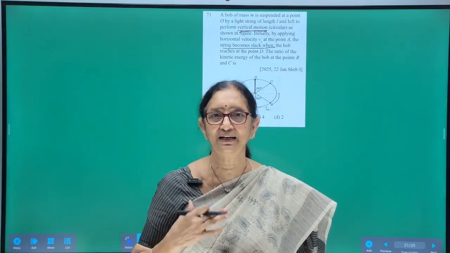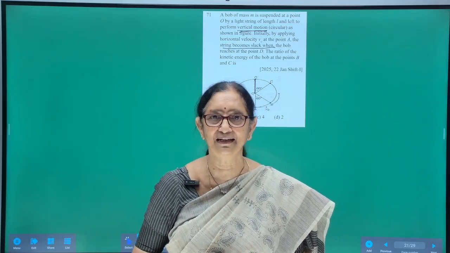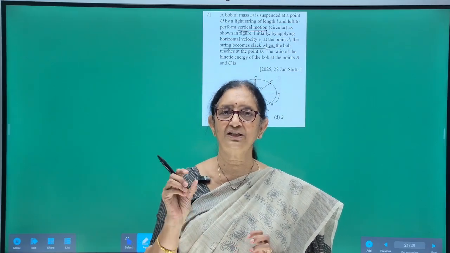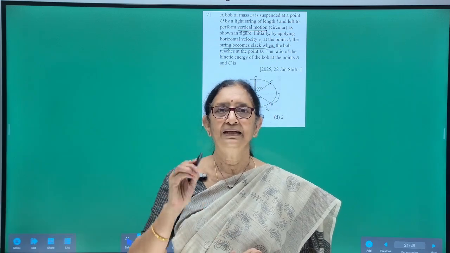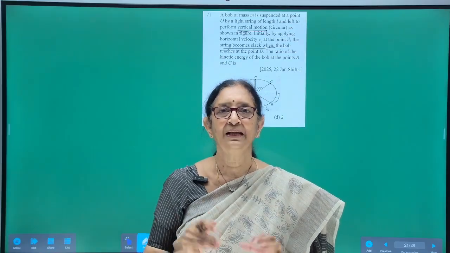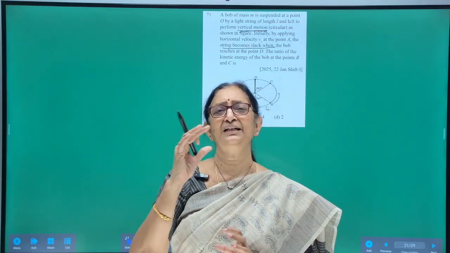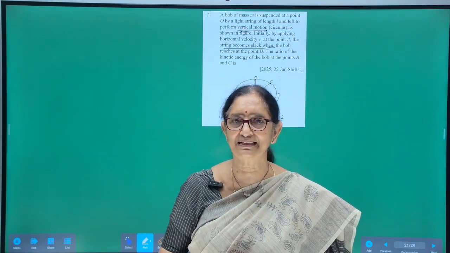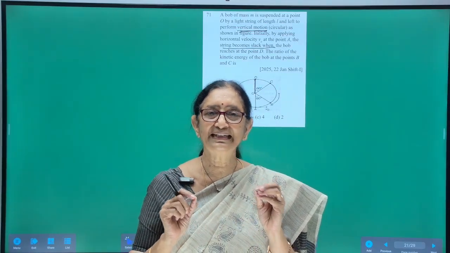Let us recall what I explained in the case of vertical circular motion. When a stone tied to a string is whirled in a vertical circle, if it just slackens at the highest point, that is the minimum required speed so that it just negotiates the vertical circular motion. So here it is the critical speed.